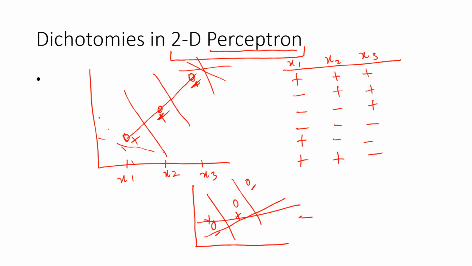So these two dichotomies, minus, plus, minus, or plus, minus, plus, for these 3 points in this specific alignment, I don't think can be implemented by a perceptron.